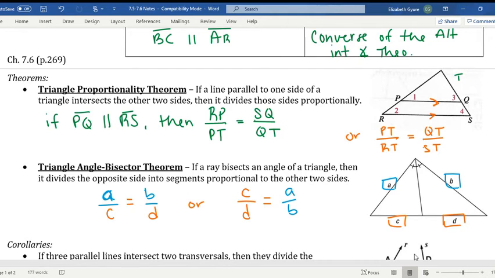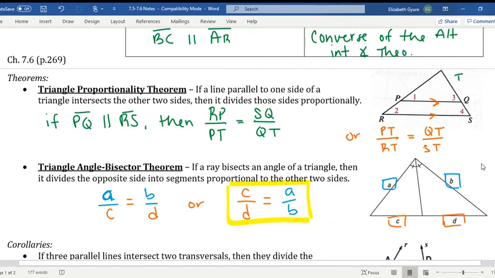So this could be done really in any of those ways. But traditionally, this is the main way you will see this set up. So this side is split proportionally to the other.